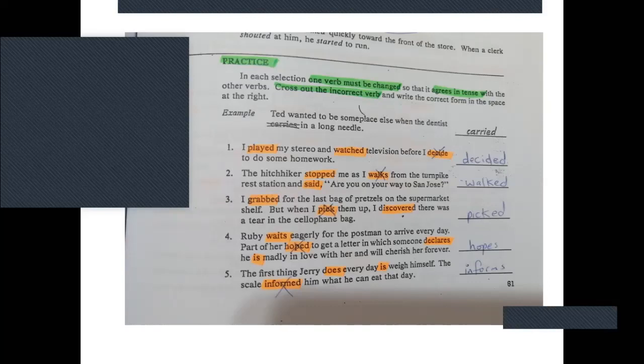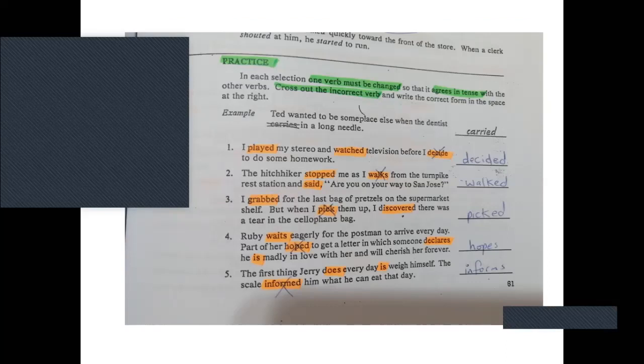You know who is the hitchhiker? That's in the West, maybe not here, not in our region. When a person would just wave his hand to a car on the highway and ask them to take them somewhere else, although this car is not a taxi or something like that, okay?